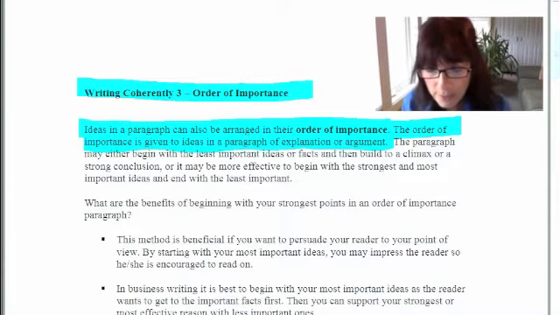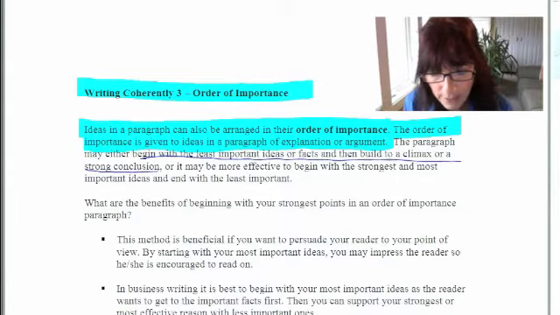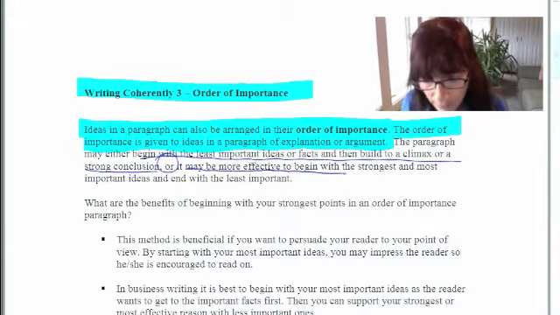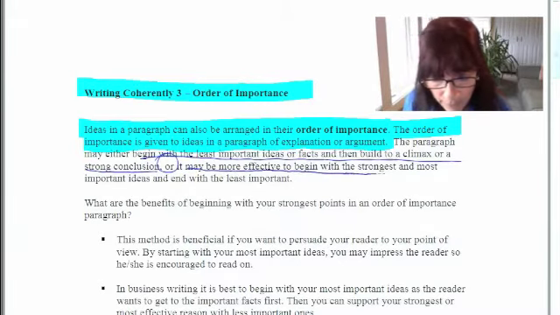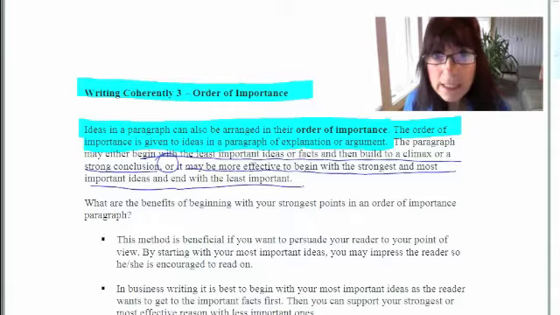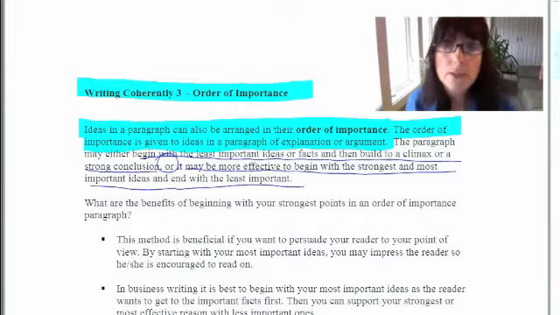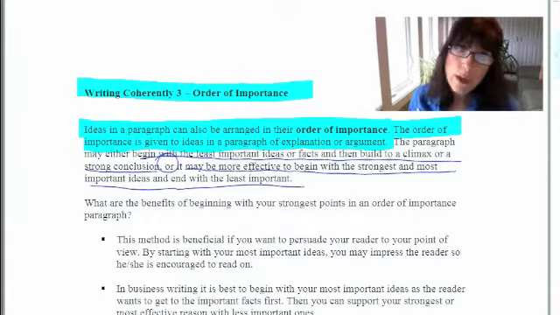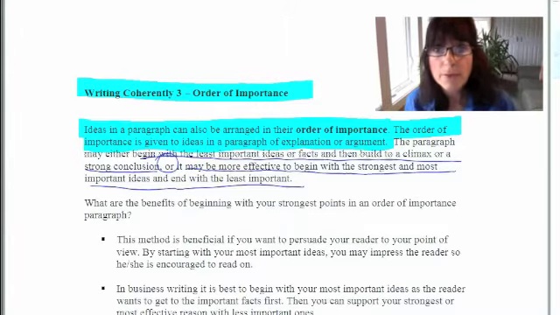What you do in this type of writing is the paragraph will either begin with the least important facts, and then you could build to a climax or a strong conclusion, or the other method is you can begin effectively with the strongest argument and most important ideas would begin your paragraph, and then you'd end with the least important. So you have to determine which method you would rather use.